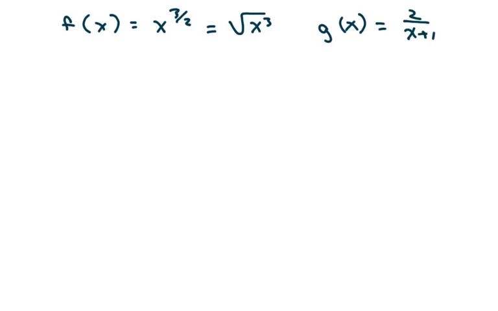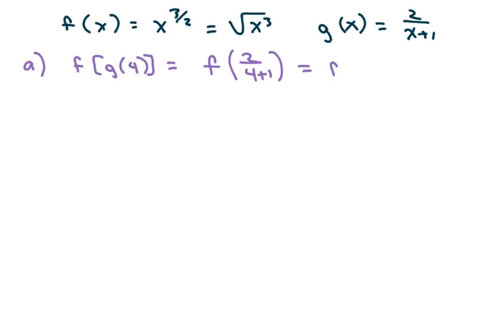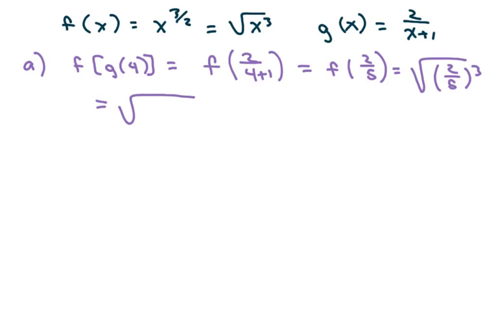So I'm going to start with A, which is f of g of 4, which equals f of 2 over 4 plus 1, which equals f of 2/5, which equals the square root of 2/5 cubed, which equals the square root of 8 over 125.